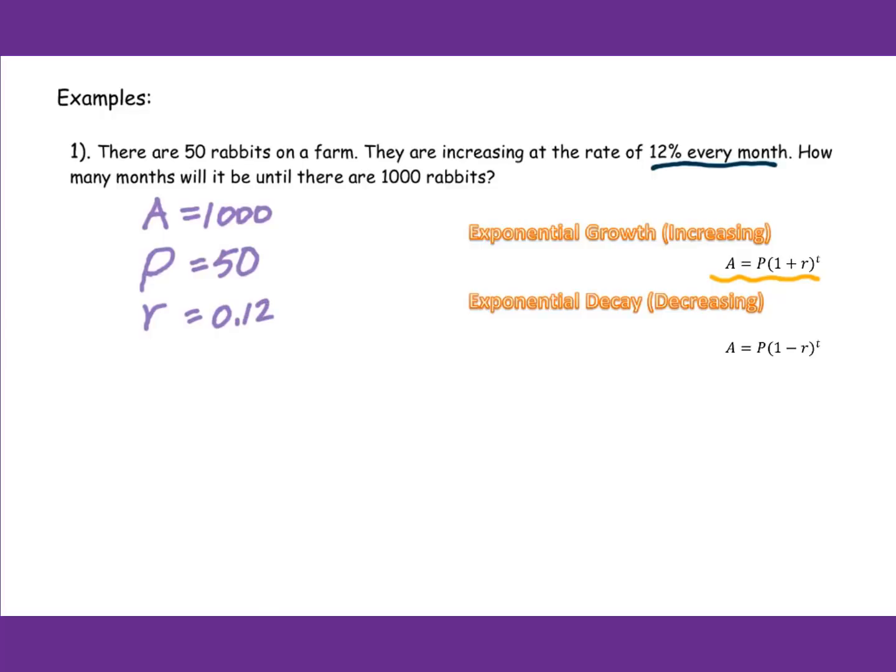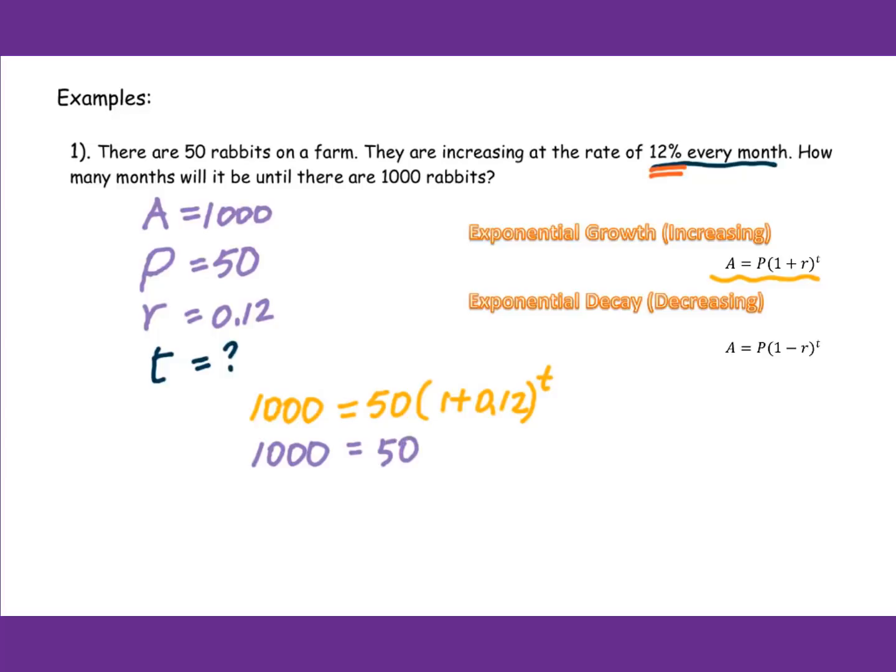Normally we change percent into decimal. And we're looking for T. So we set up 1,000 equals 50 times (1 plus 0.12) to the tth power. Then we got 1,000 equals 50 times 1.12 to the tth power.